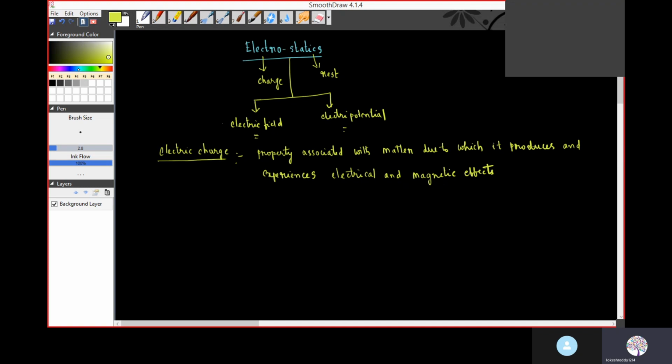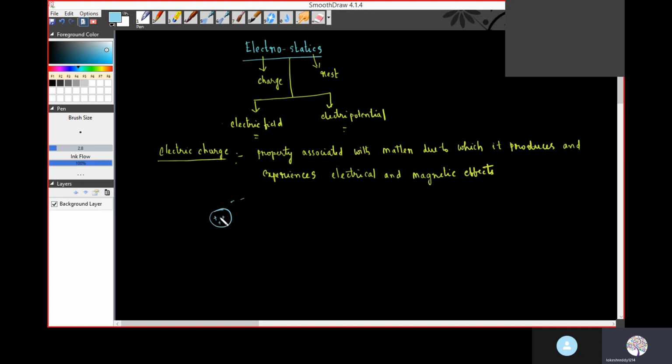Now this charge can be produced by friction. For example, if you take a body, it is neutral. If you remove electrons, then as it lost electrons, there are more positively charged particles than electrons.